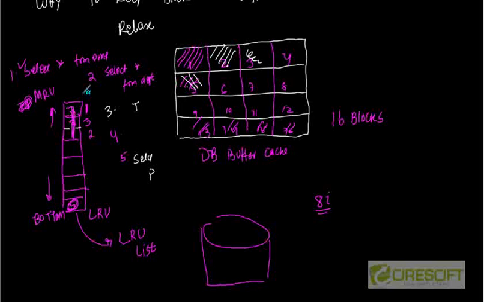Let's say select star from EMP is always queried by multiple users. If we keep the data blocks of EMP in the buffer cache, our query is going to be faster because it can read directly from the database buffer cache. That is the idea behind the LRU list.